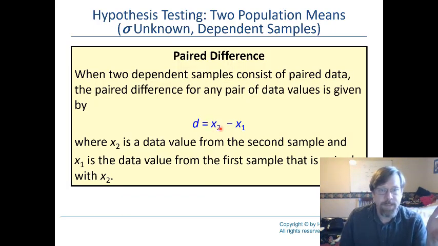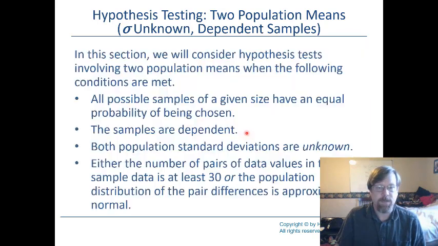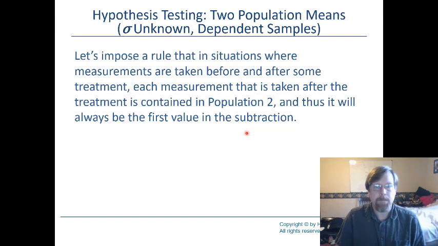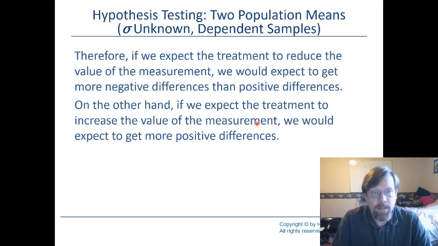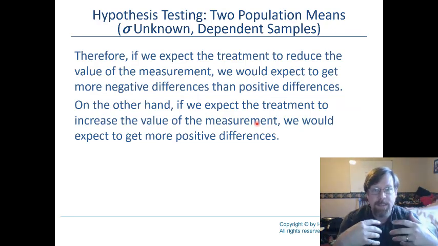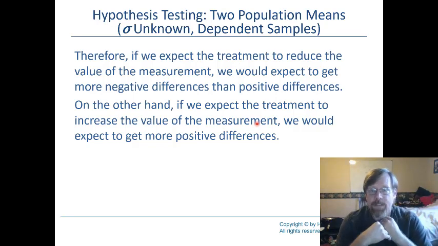There's the after treatment, x2, minus before, whatever the initial value is, x1. So it's always the first value in the subtraction. So if there's some sort of improvement, we would expect to get a positive difference. If there's some sort of decrease, like a weight loss, we would expect a negative difference.